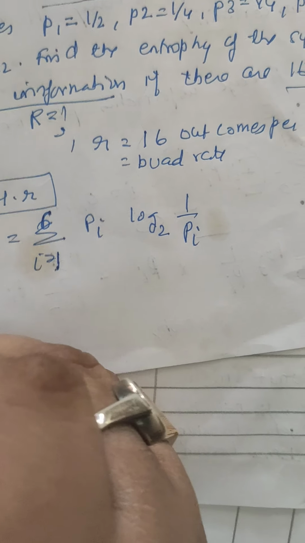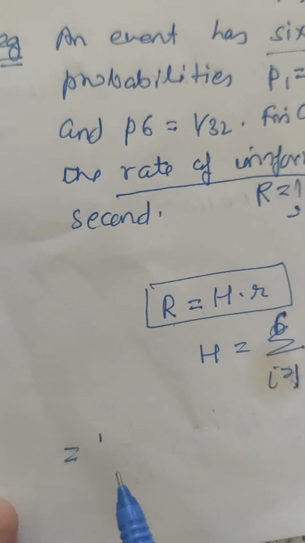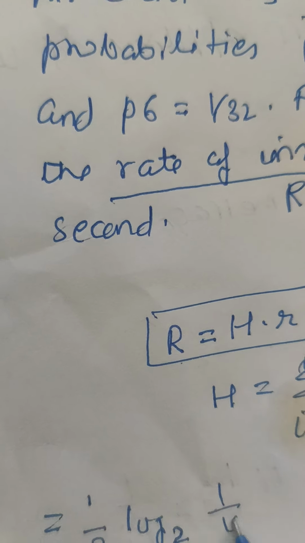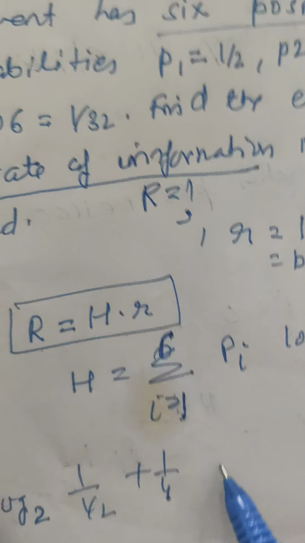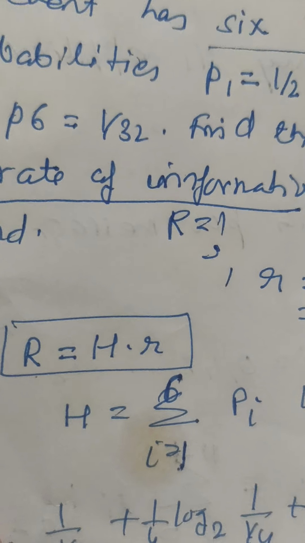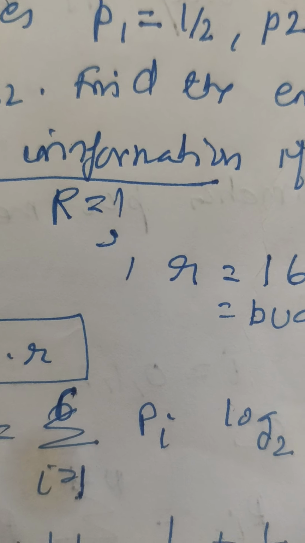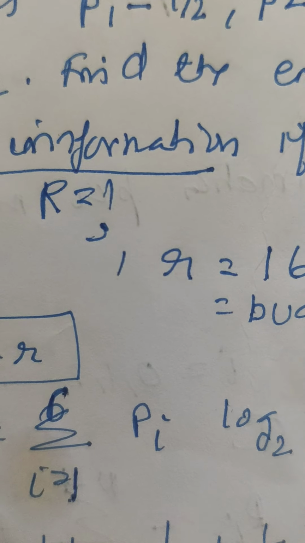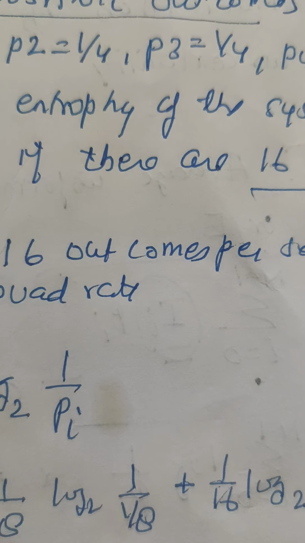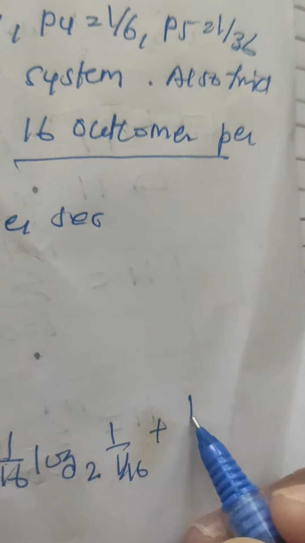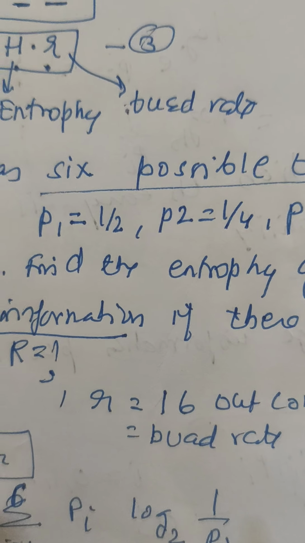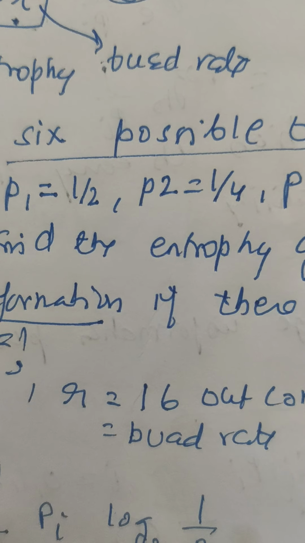Expand this and put all the values together: 1 by 2 log base 2 of 2, plus 1 by 4 log base 2 of 1 upon 1 by 4, plus 1 by 8 log base 2 of 8, plus 1 by 16 log base 2 of 1 upon 1 by 16, plus 1 by 36 log base 2 of 36, plus 1 by 32 log base 2 of 32.